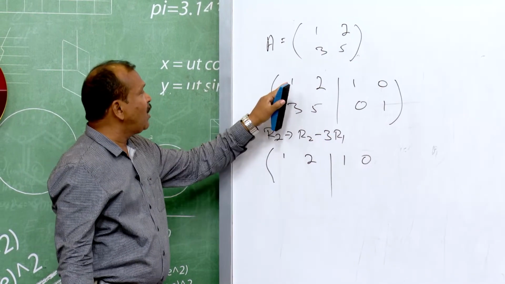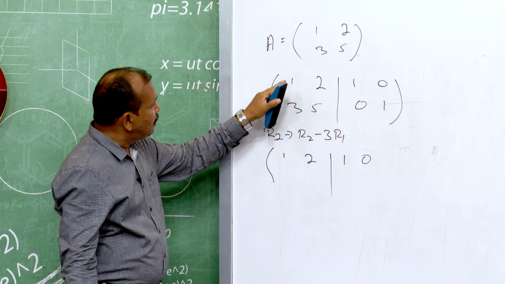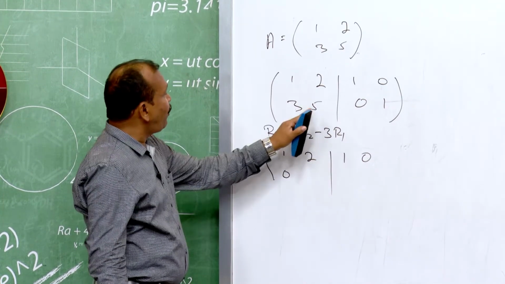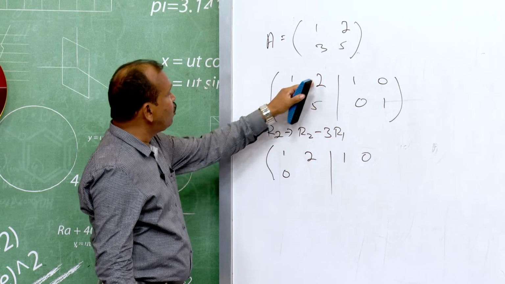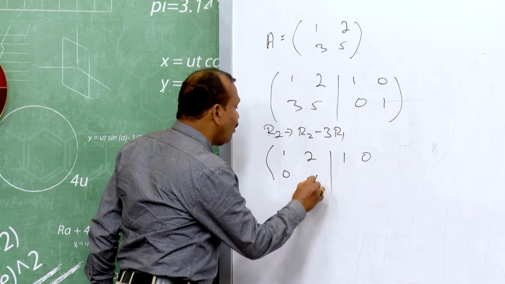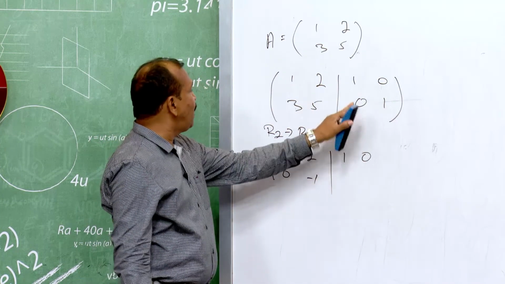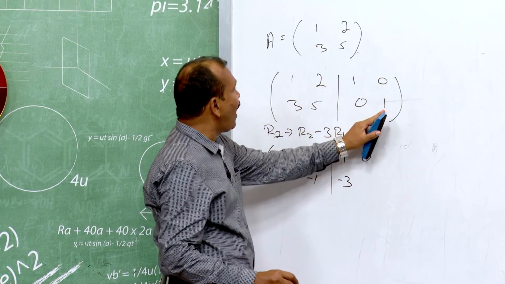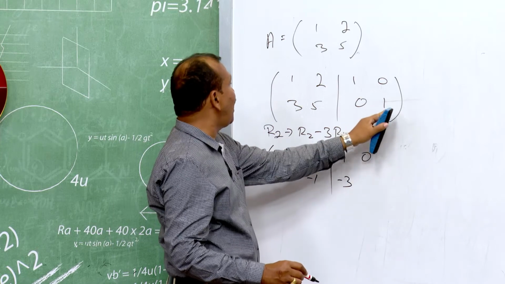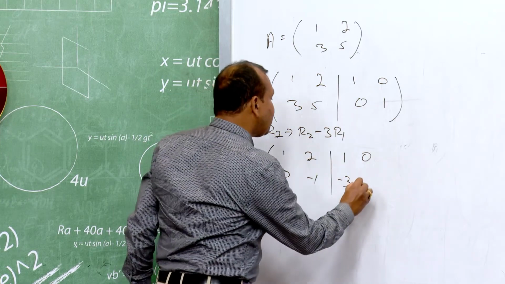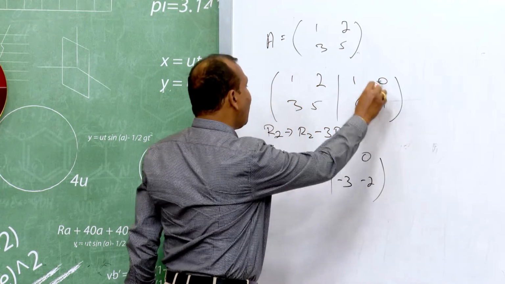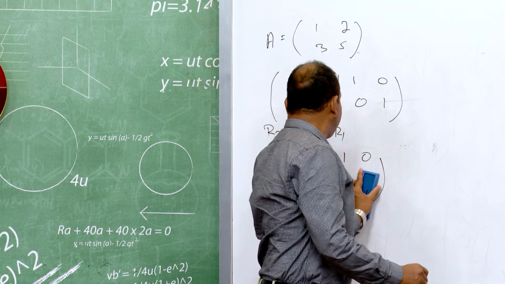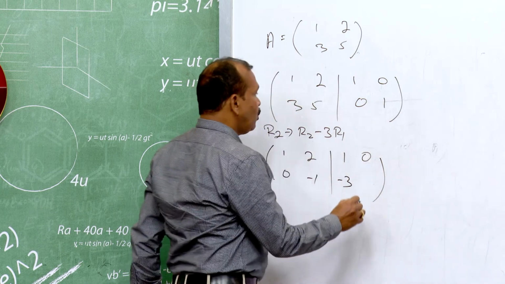Then 3 minus 3 into 1 becomes 0. 5 minus 3 into 2, that is 5 minus 6, becomes minus 1. Then 0 minus 3 is minus 3, 1 minus 3 becomes minus 2, 1 minus 0 becomes 1, 3 into 0 is 0, then 1.